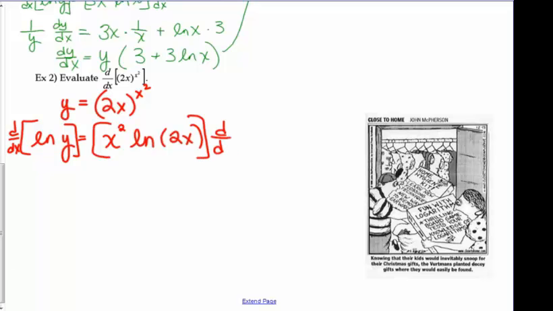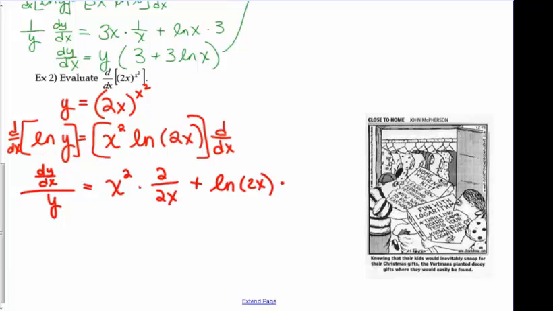The derivative of ln y is the derivative of the inside over the inside. And then the derivative over here is a product rule: the first times the derivative of the second plus the second times the derivative of the first. So then if I solve for dy dx, it is y times, well, these 2's will cancel, that'll cancel with that.